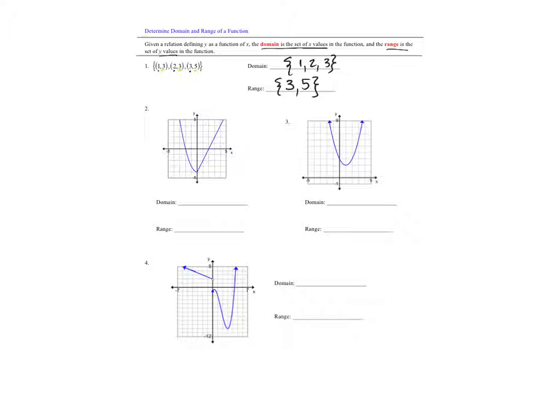And we can also look at this graphically from a graph here. The domain, we're looking at where is there graph, okay? So for domain, I go over on my x-axis from left to right. Is there a place way back here at -infinity where I could have graph?